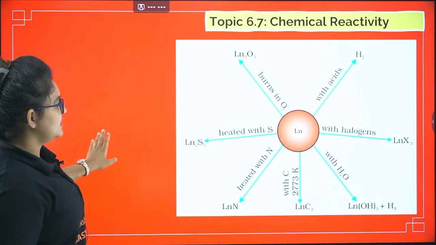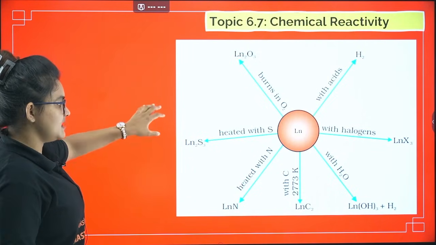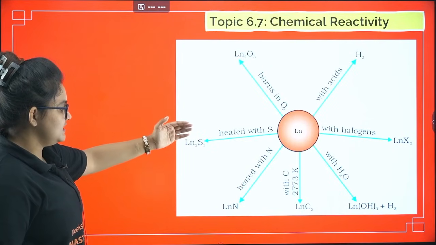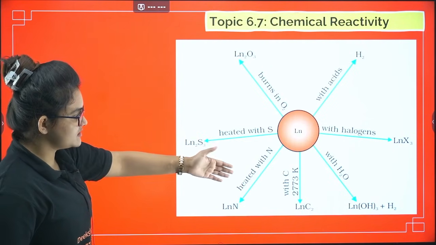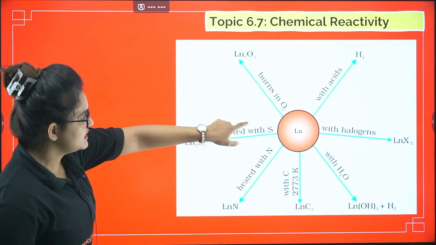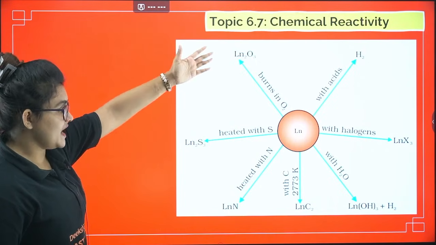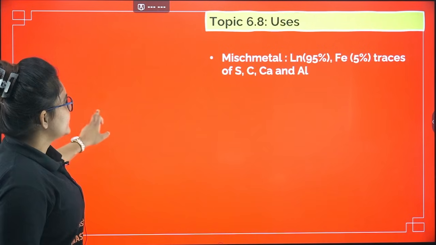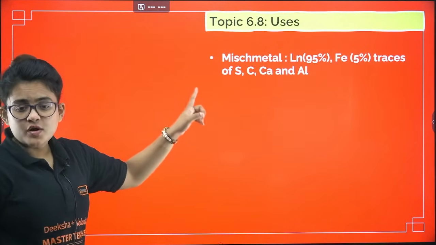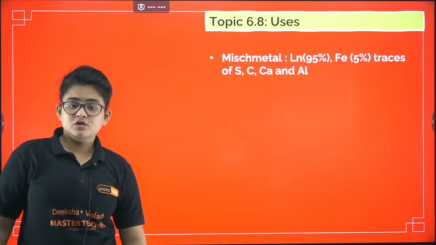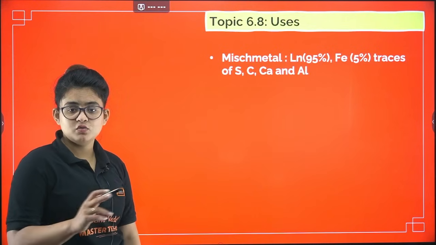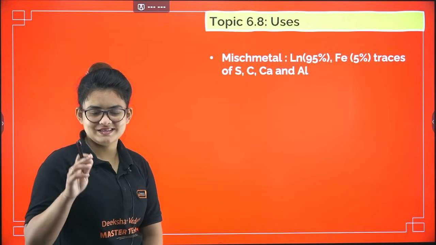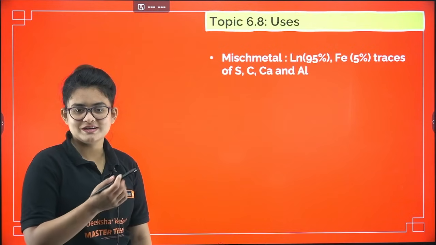Next, a few reactions when it is heated with sulfur, nitrogen, carbon. You can see sulfide, nitride, carbide, hydroxide, halides. Reaction with acid will liberate hydrogen gas. Very important: a 2-marker question can come in your board examination, as well as a PYQ, in the KCET for example.